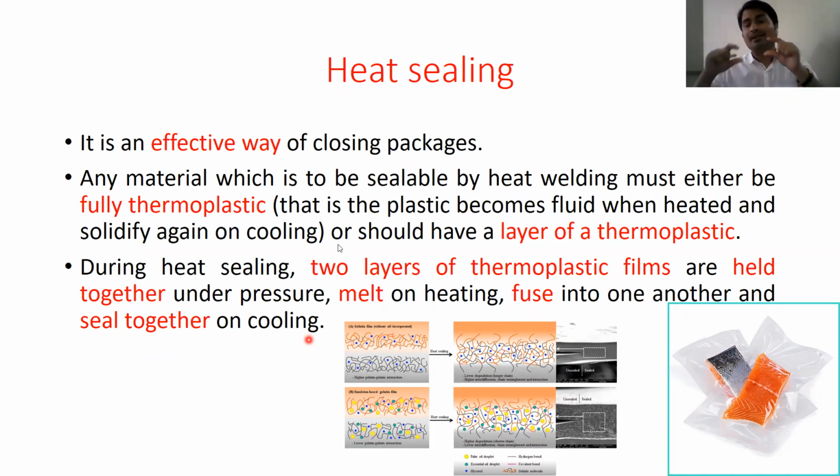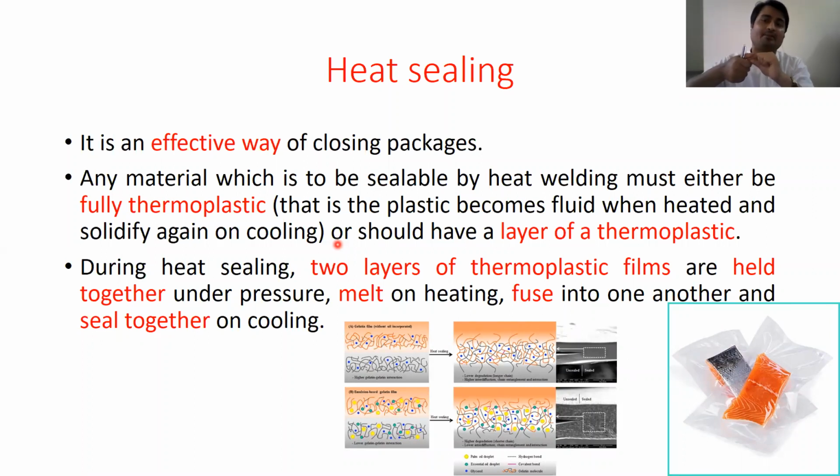So what is happening in heat sealing? Two layers of thermoplastic film are there, upper layer and lower layer. This is open. So we have to join it. How will we join it? First we apply pressure, and with the help of pressure we join them together.